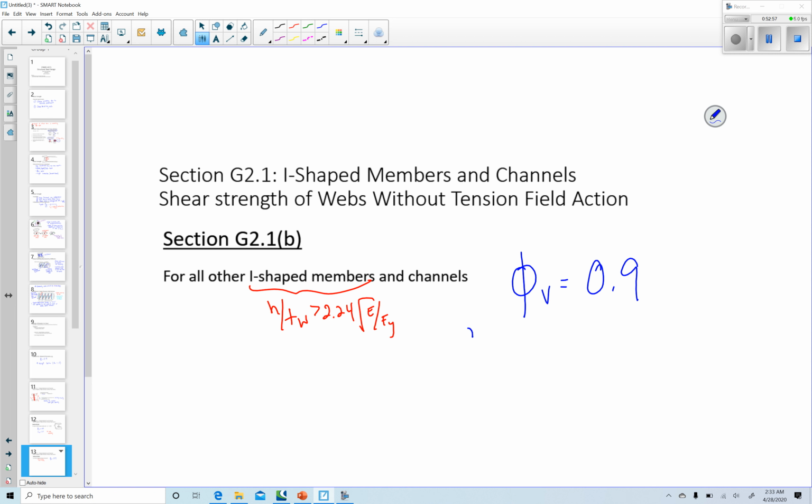And my CV1 factor, which means I'm going to have buckling, right?